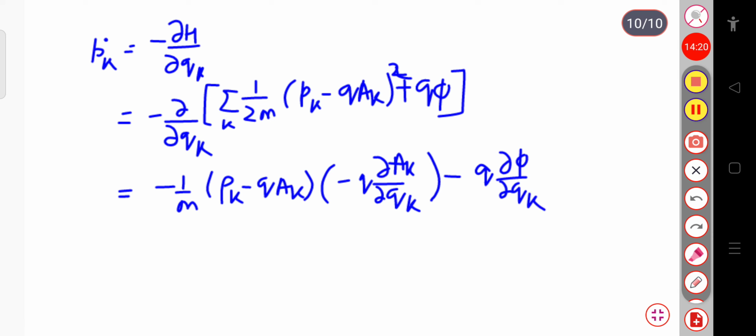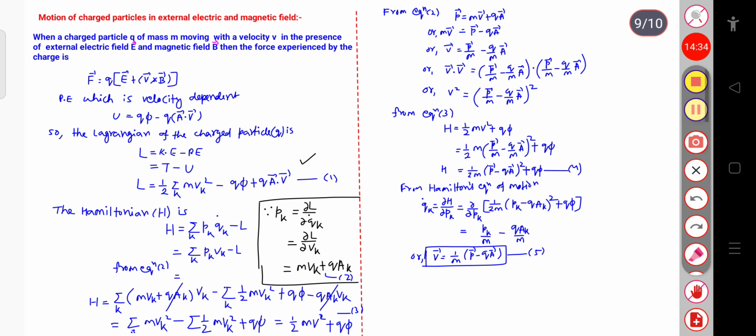Now if I multiply this, then this is equal to q/m. In place of pk − q Ak, from equation 2 you can see this is m vk plus q Ak.